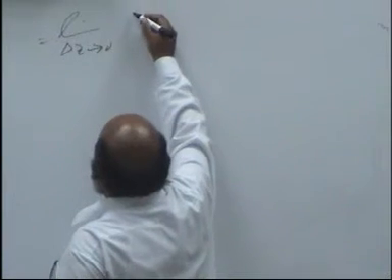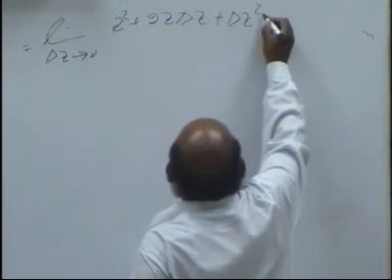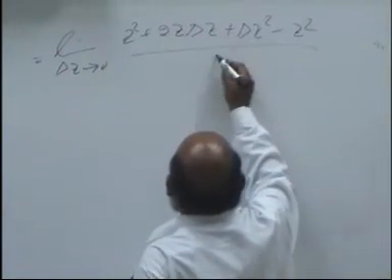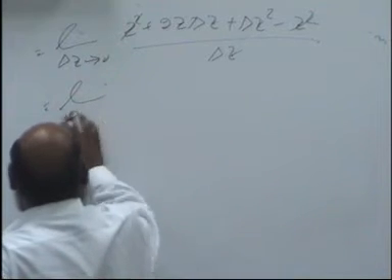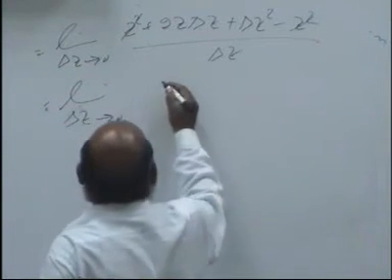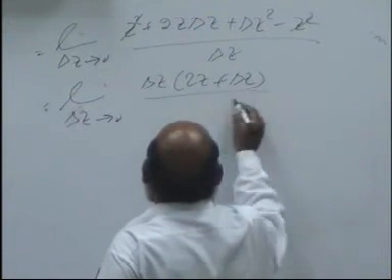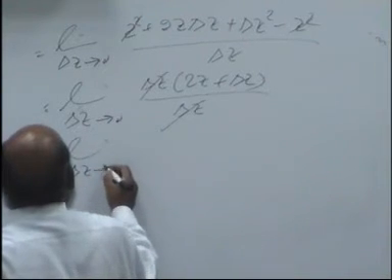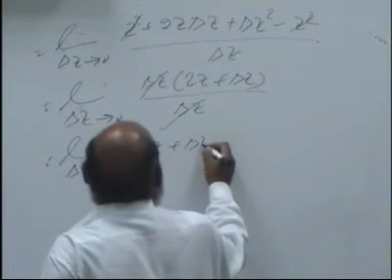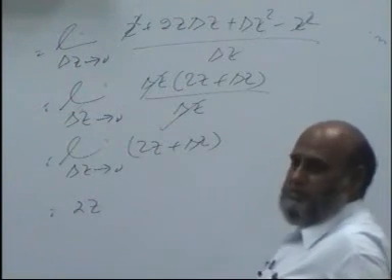Further, it is the limit of z square plus 2z delta z plus delta z square minus z square over delta z. So z square is cancelled by this one. The limit as delta z tends to 0 of delta z into 2z plus delta z over delta z is the limit of 2z plus delta z, so that it is 2z plus 0, or 2z.